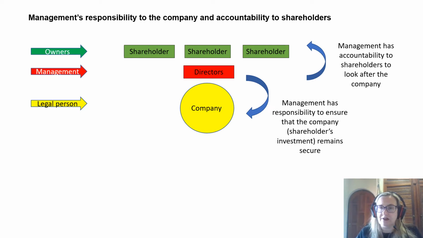The directors are accountable to the shareholders for how they manage and look after that company, and the directors are responsible to the company to ensure that the company, which is a legal person, remains secure, that its assets remain secure, and that it discharges all its legal obligations. And that is why the directors owe their duty of best interest to the company itself and not to the shareholders.